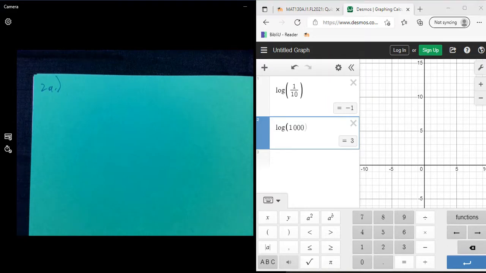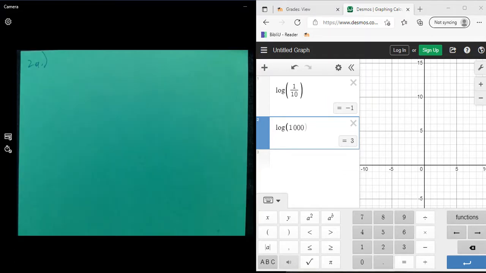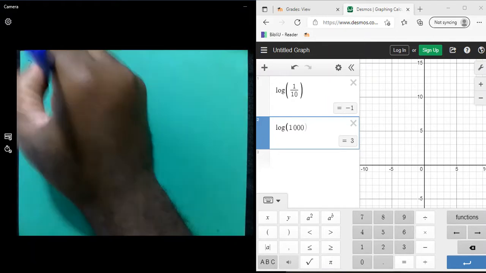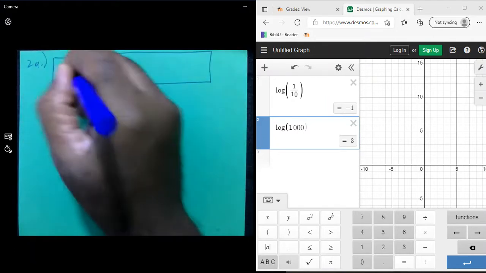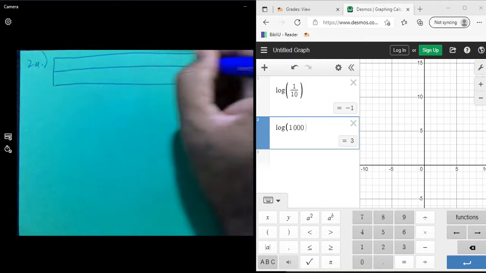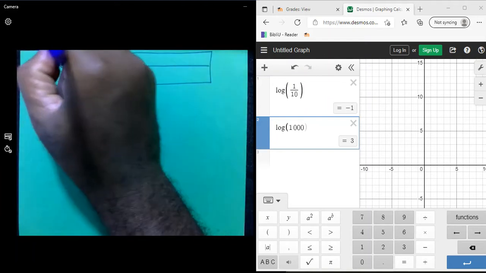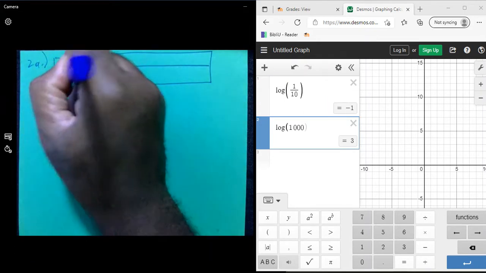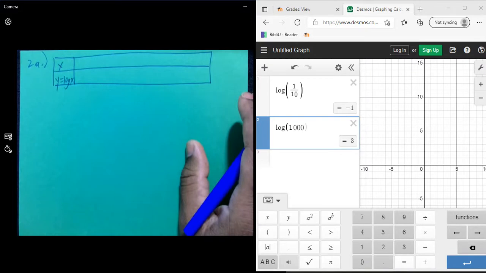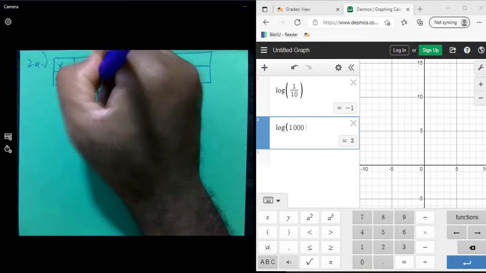Okay, so now that we know this, we need to draw this table for 2A, and we need to complete the table. So we have x and y equals log x. And we have, let's see these numbers.